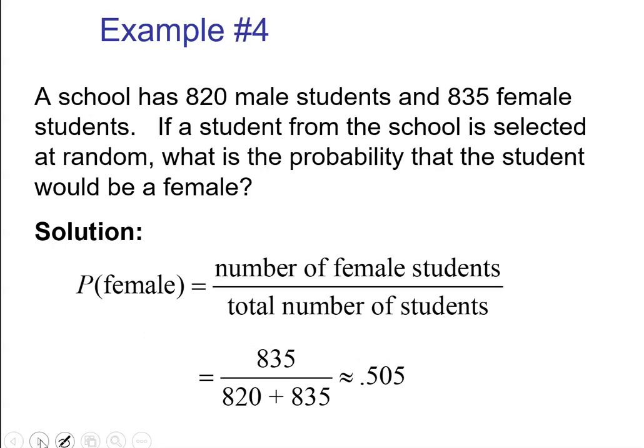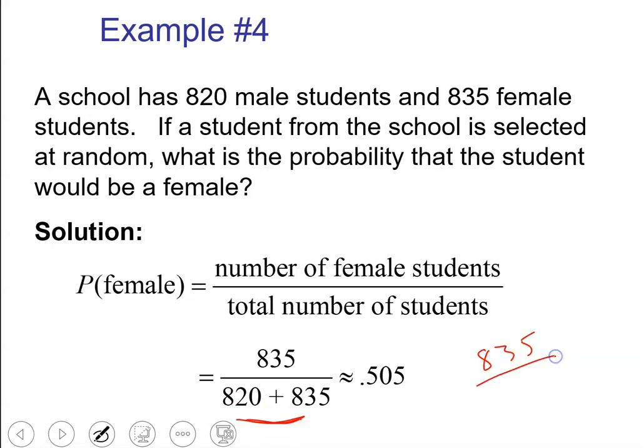In this case, we actually had to add these. So your fraction might have originally been 835 over 1,655. But either way, you get 50.5%. Again, I don't mind if you write it that way, approximately, because we are rounding, or 0.505.